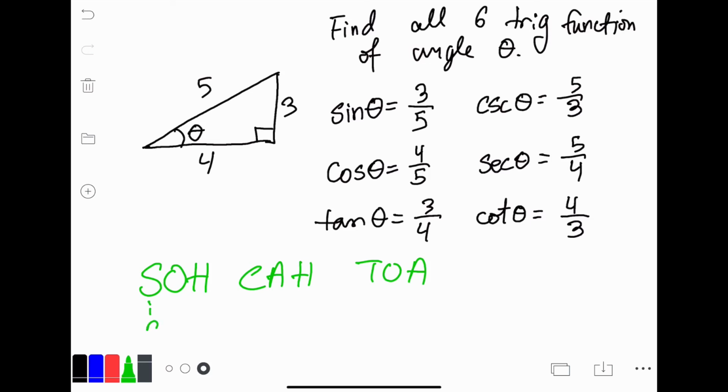Sine of an angle is the opposite over the hypotenuse. Cosine of an angle is the adjacent over the hypotenuse of an angle. And tangent of an angle is the opposite over the adjacent sides of the triangle. So if you know what sine, cosine, and tangent are, you will automatically know what cosecant, secant, and cotangent are.